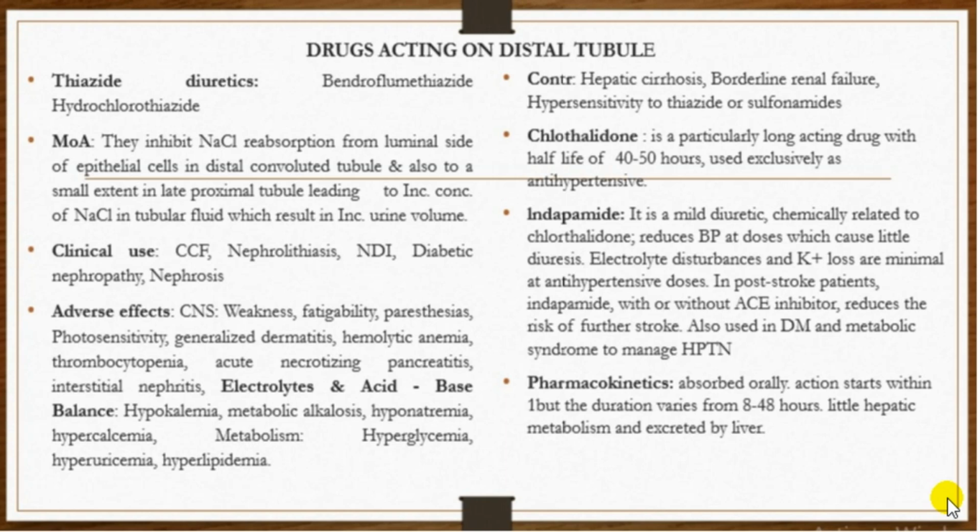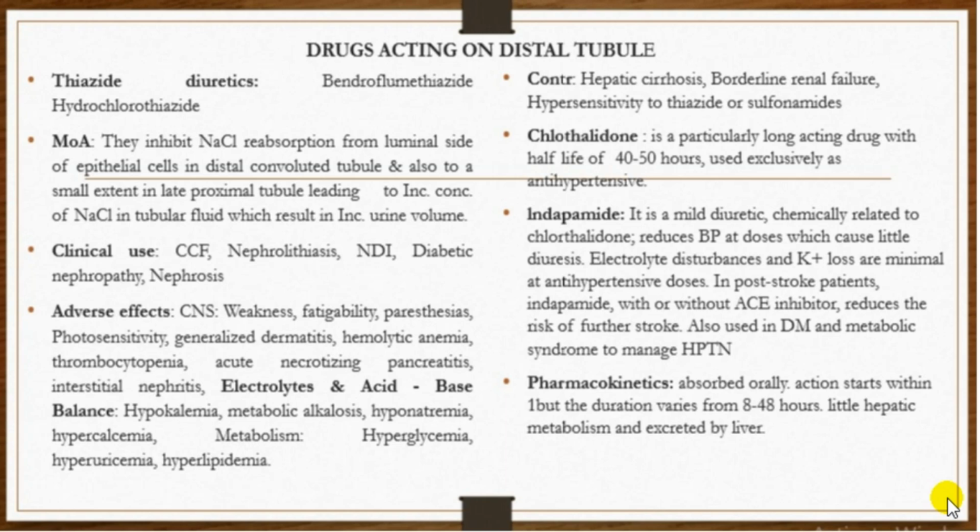As I said earlier on, for complicated hypertension we usually use the loop diuretics, but for uncomplicated hypertension, it is advisable for us to use the thiazide diuretics.